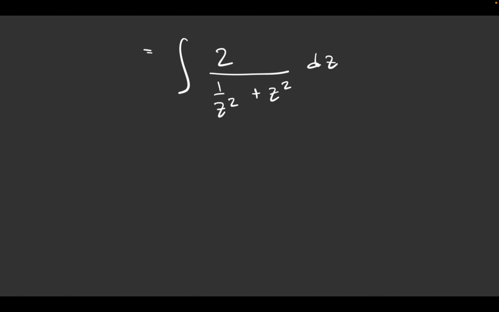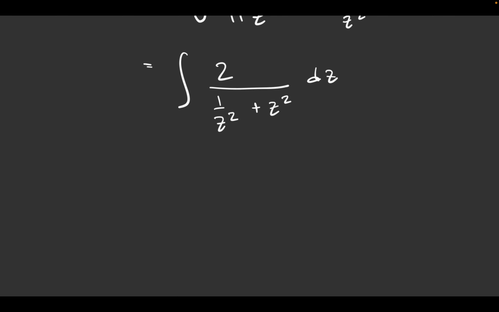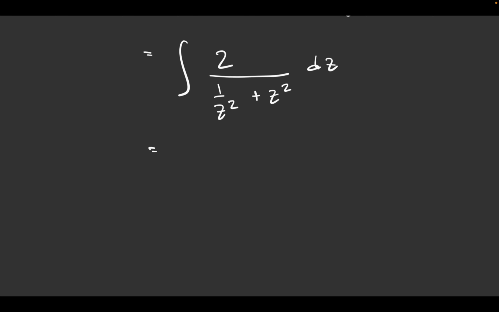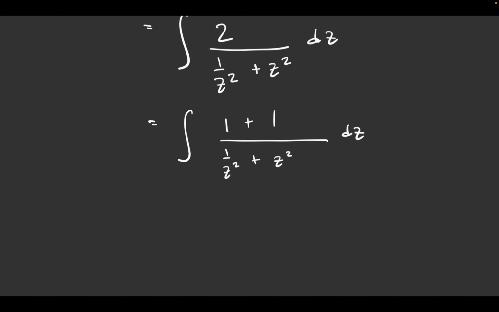So, one thing that I can do is split ko itong 2 na to. Okay? I will split this 2 as 1 plus 1, over 1 over z squared plus z squared dz. And then, since meron akong 1 plus z squared dito, and gusto ko na parang magiging magkamukha yung numerator denominator, one thing that I can do is to add plus 1 over z squared minus 1 over z squared here.